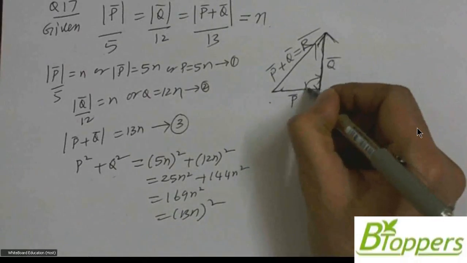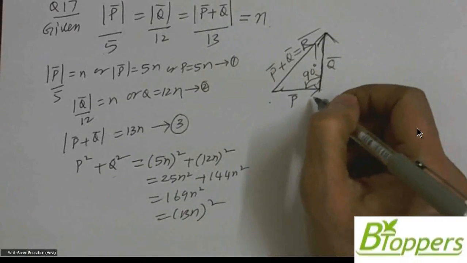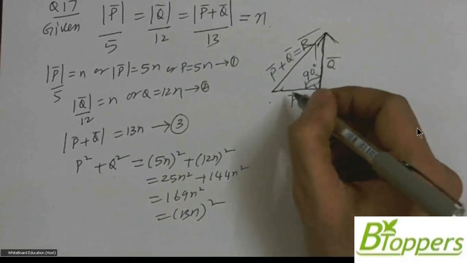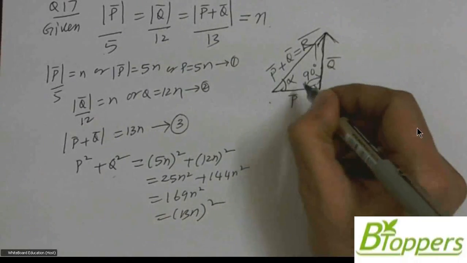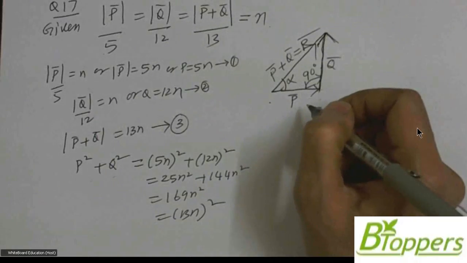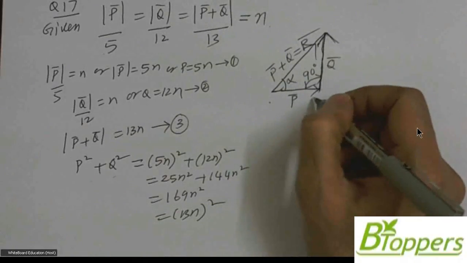So here p bar is perpendicular to q bar. So angle between p bar and q bar is 90 degrees. Let alpha be the angle made by the resultant of the two vectors with the first vector p bar.